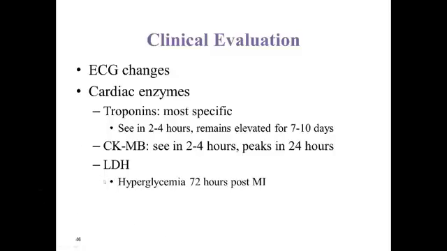You get a rise in your lactate dehydrogenase, LDH levels, and most times you see hyperglycemia 72 hours post-MI, which I did not include. That was in this slide already.